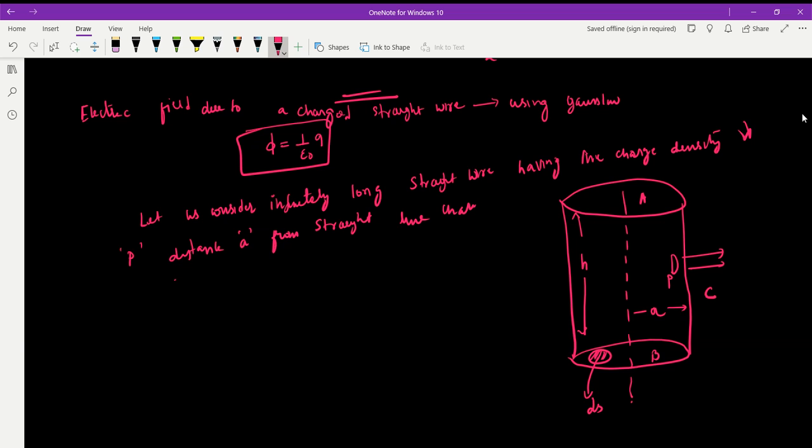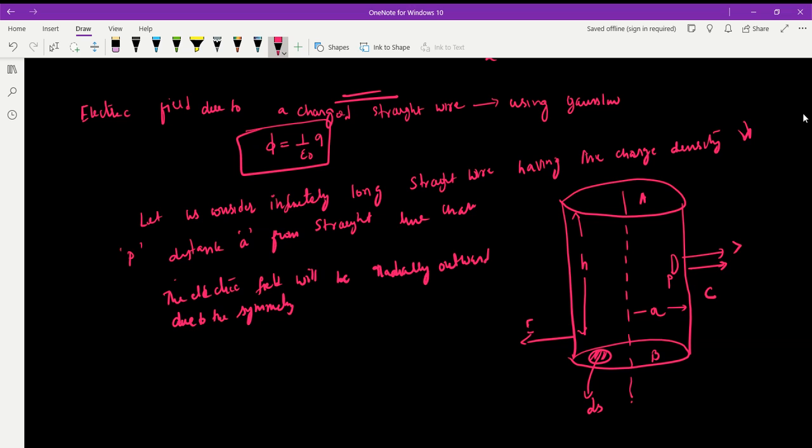Now the electric field, as I said, will be radially outward due to the symmetry.